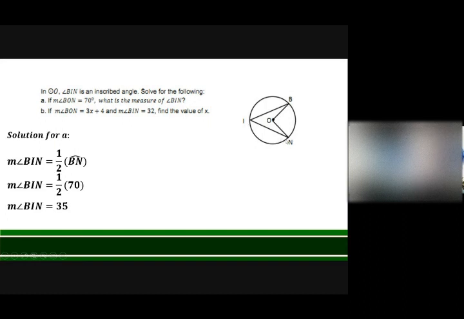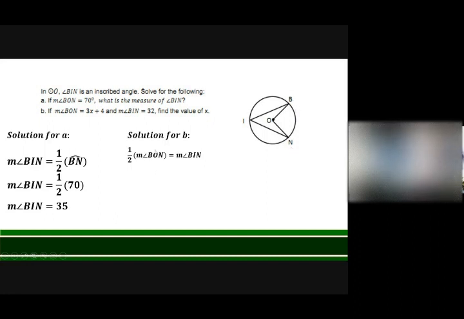Kung ang BIN daw ay 32, okay, ano daw kaya yung value ng ating x? So, pakita natin yung equation. Okay, for this equation, sabi natin that 1/2 of BON, half daw ng BON ay equal sa ating BIN.